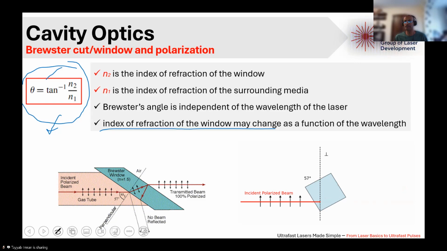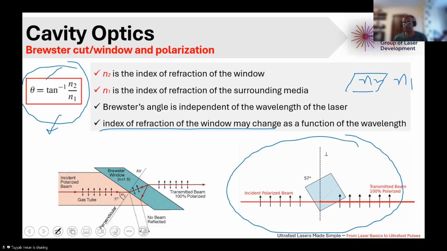Whatever material you use, you need to know the refractive index of the crystal or the tube, medium 1 and medium 2. If this is a crystal here, this is medium 1 and this is medium 2. According to that, it's usually around 57 degrees, something like this. You can see in this animation that this is the incident beam, and there is no beam coming in this direction, even though the angle is twisted a bit.